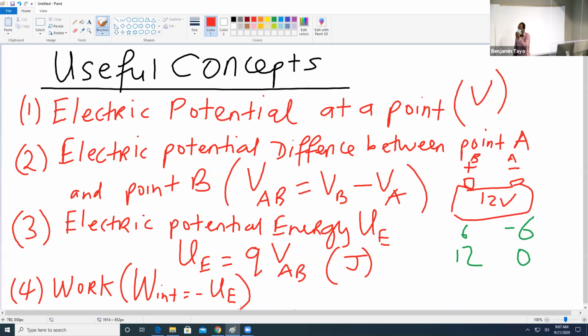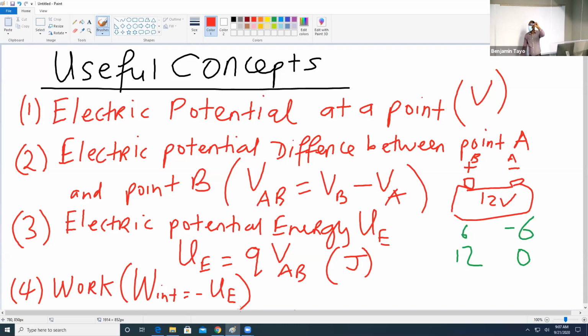Now let me explain why we put a negative sign. The reason is, if you remember from PSE1, if I take an object and drop it from some height, then as it moves from this point to the floor, potential energy gets converted into kinetic energy.